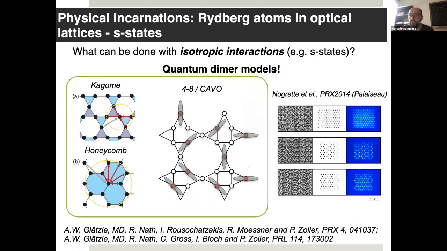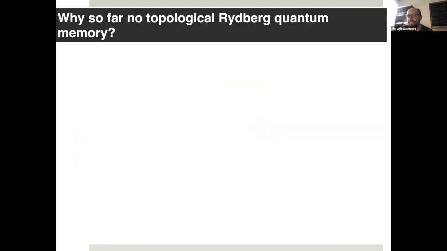This was also motivated by experiments done in 2014 at Palaiseau in the group of Antoine Browaeys. However, we failed in understanding whether we could realize a topological state within these systems.